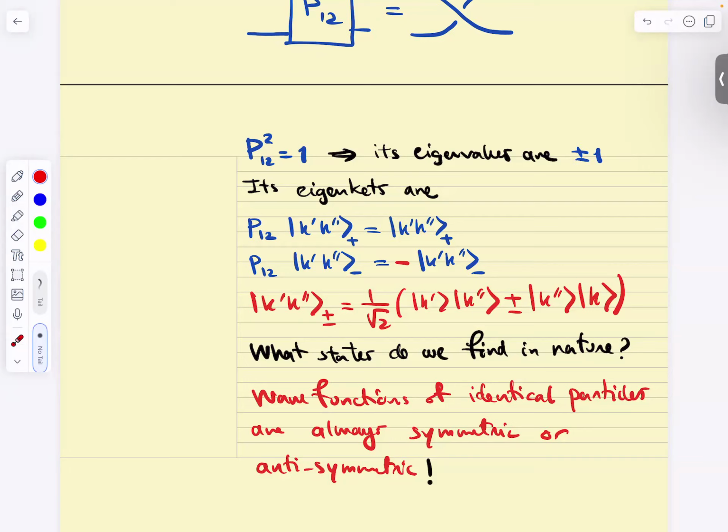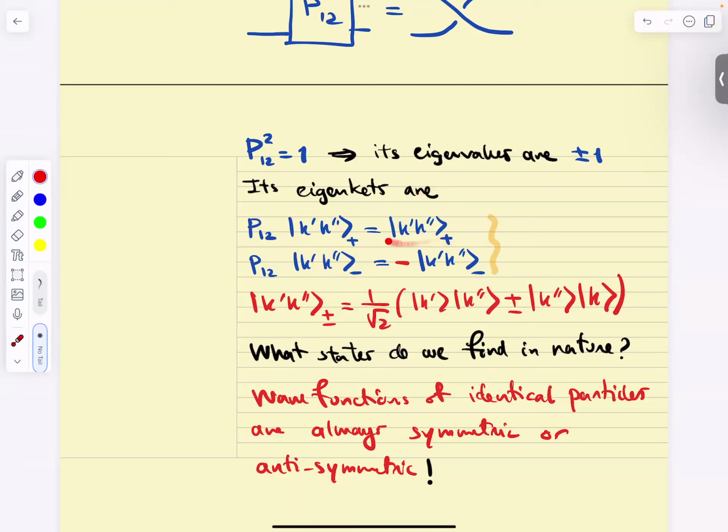So what are the eigenkets associated to +1 and -1? Here's the eigenket associated to +1. I'm gonna denote it this way. Notice the notation is kind of funky, but it's standard. And you could check this explicitly.